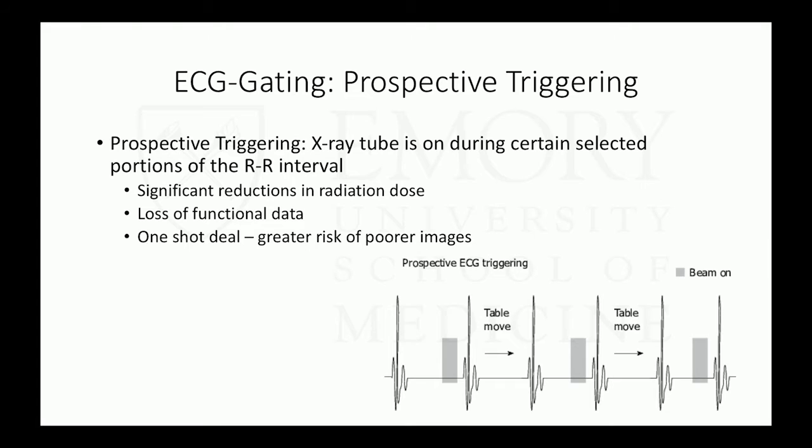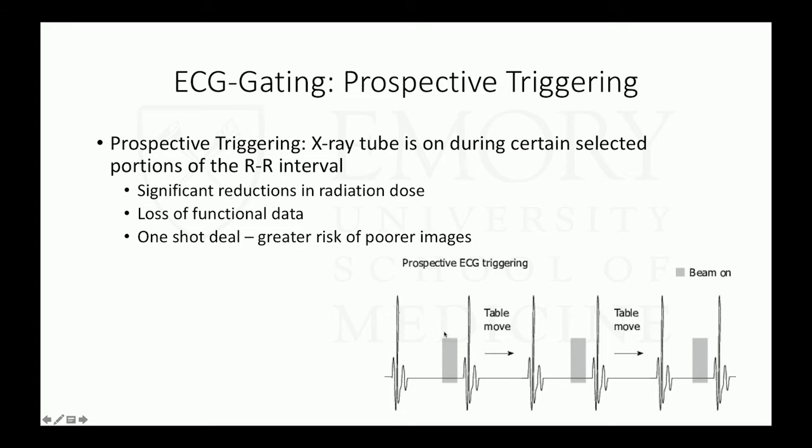The opposite of that, or the other method that I think is the ideal method, especially with a wide 320 slice CT, is prospective triggering. So in this scenario, we're turning on the tube, the X-ray source, only during specific parts of the RR interval that we select beforehand.